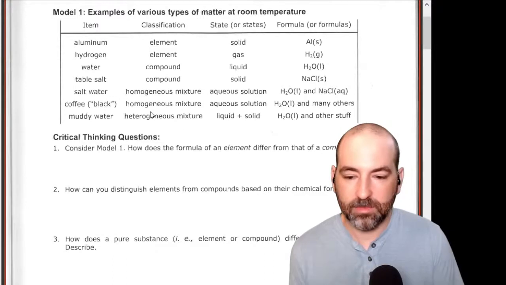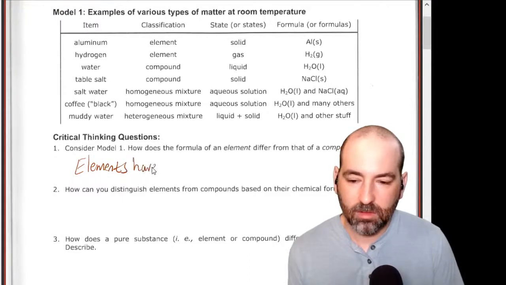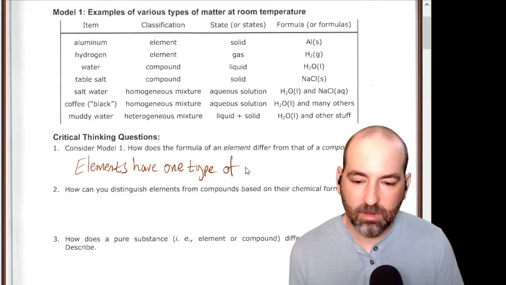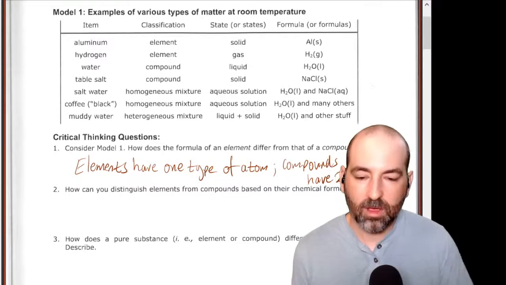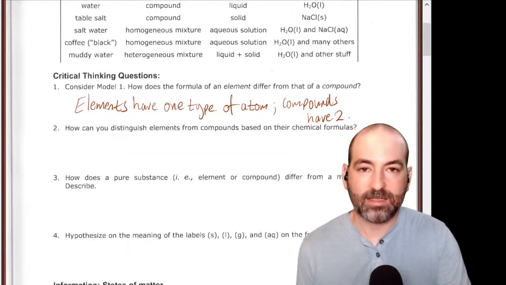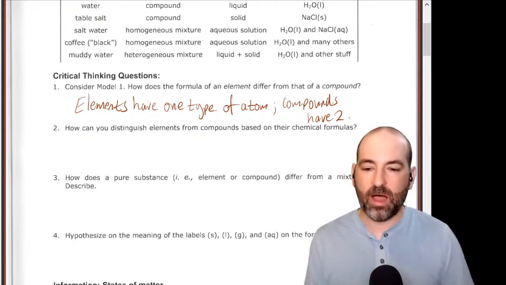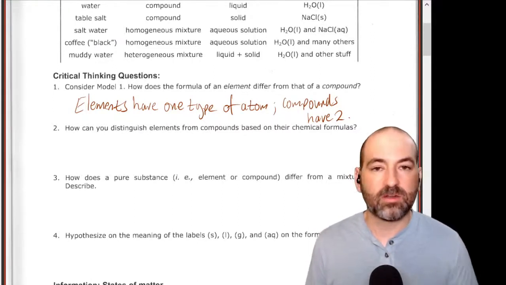So you might write something as simple as: elements have one type of atom, compounds have two. Now, is that an exact correct definition of what elements and compounds are? Not really, and we'll see why, but that's okay. The idea of these is not to get the absolute right answer in every question.